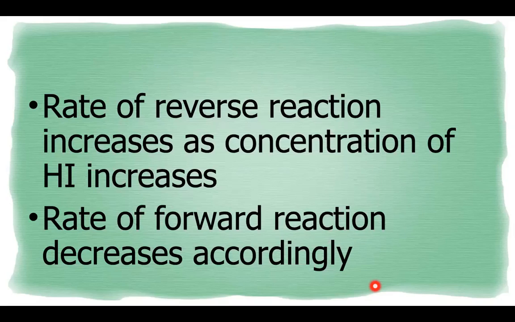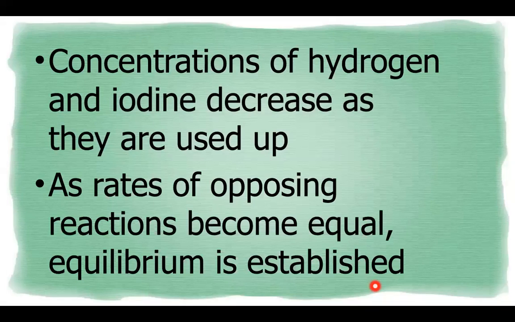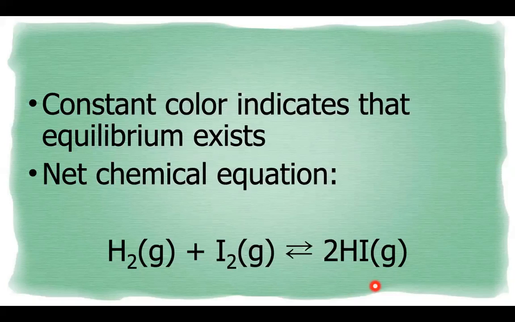So the rate of the reverse reaction will increase as the concentration of hydrogen iodide increases, and eventually you will reach equilibrium. So a constant color indicates that equilibrium exists, and that's your net chemical equation.